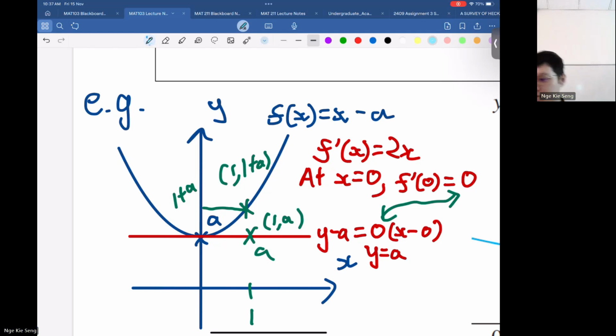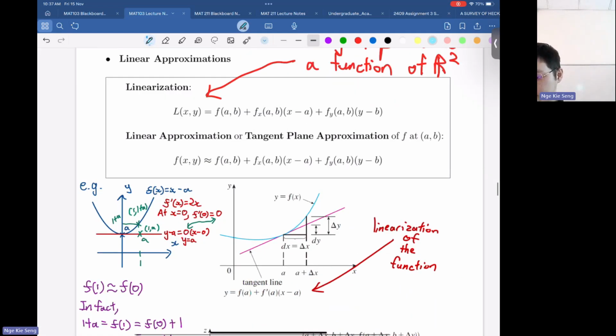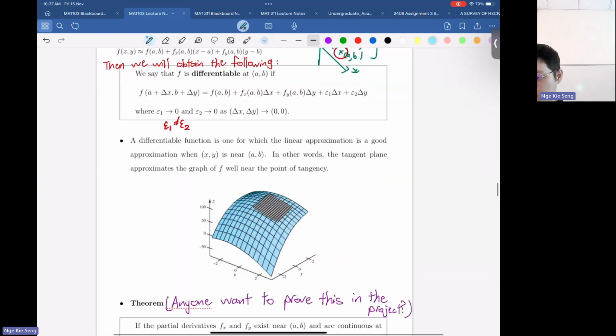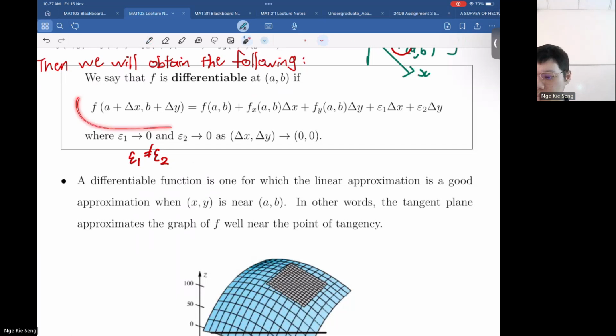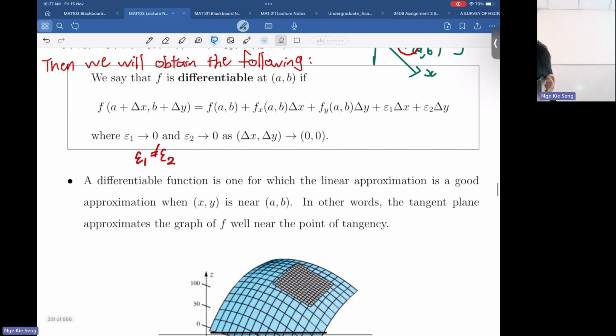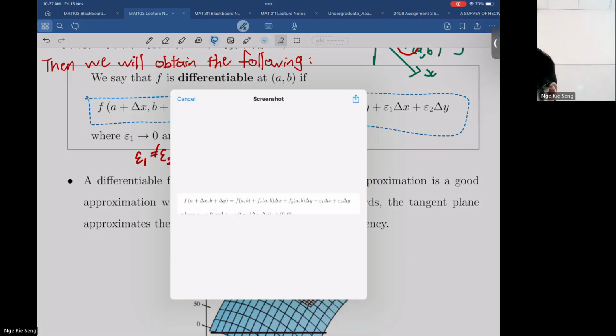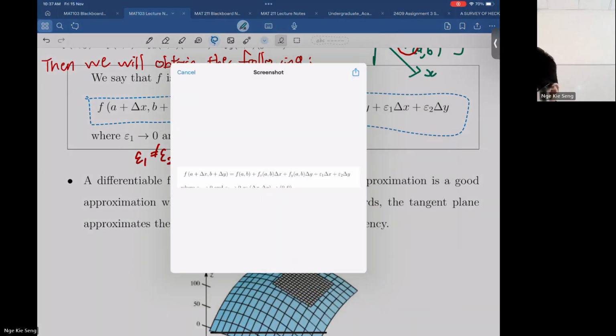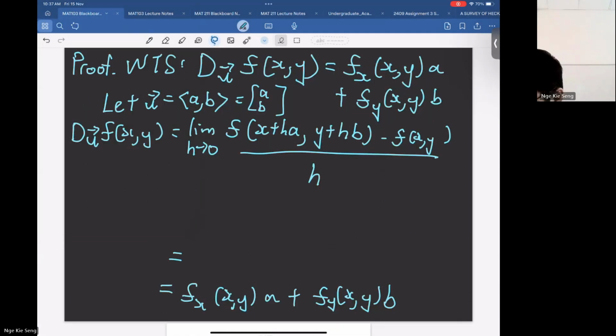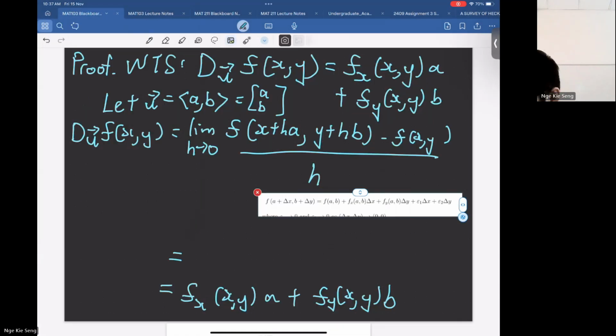So how to use this formula here? Okay, we're gonna use this formula. 我们把它 screenshot 过来。Let's screenshot it.